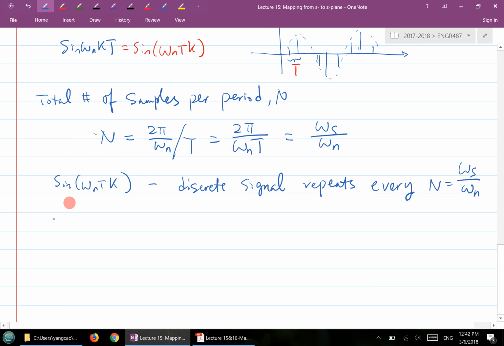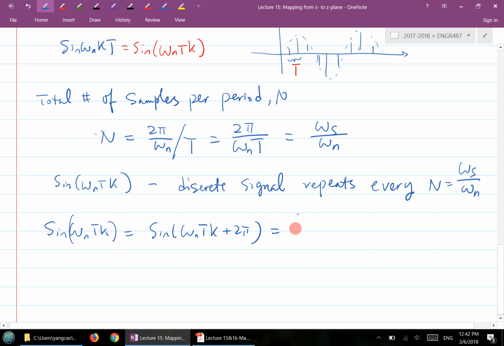For the same signal, mathematically we can add a 2 pi here. Whatever the sine angle is, if you add 2 pi, it doesn't change, because it's a periodic function.